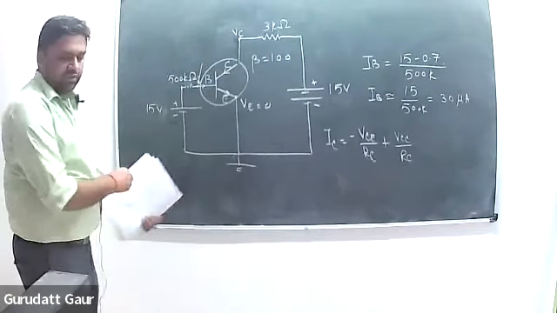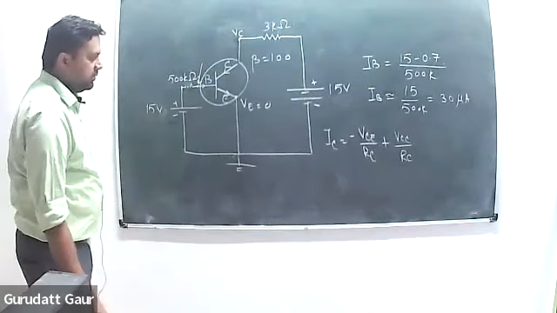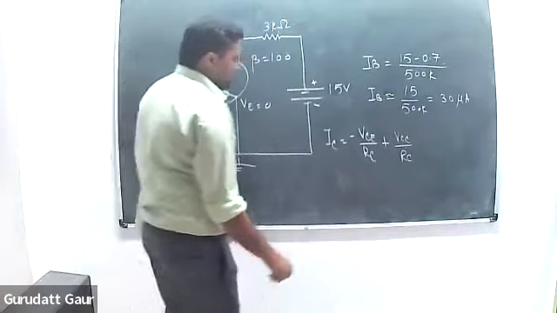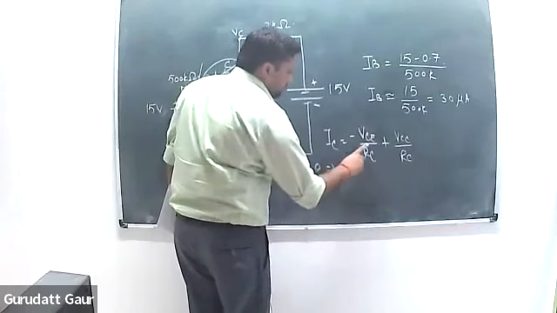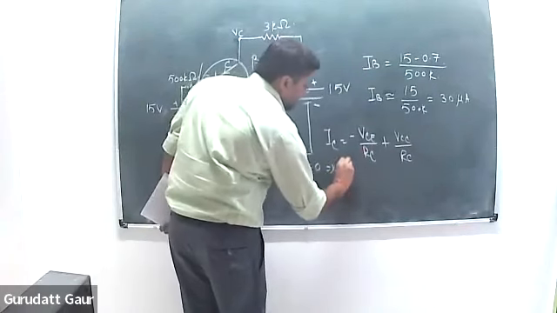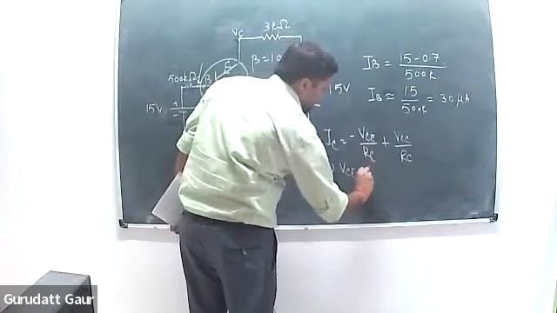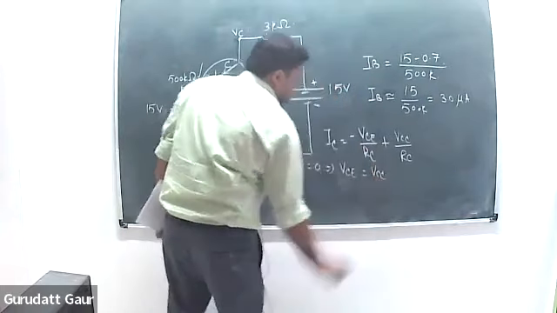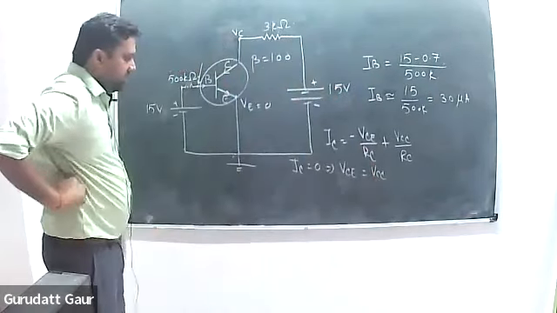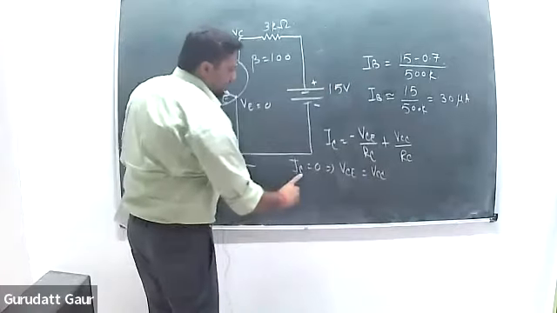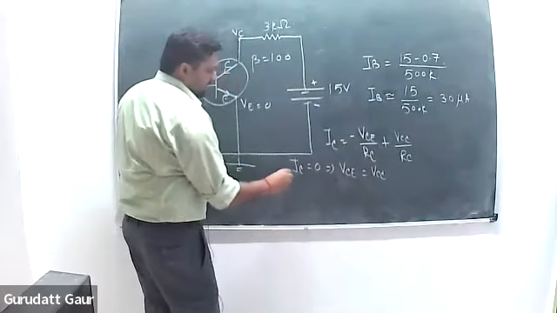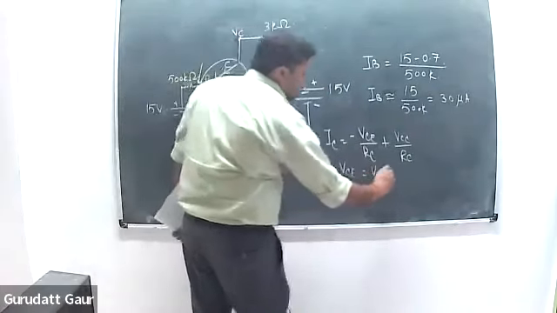And we know, because from the 2 points only a unique line can pass through. So first we can choose IC is equal to 0. IC 0 will give you VCE exactly equal to VCC. We are making some assumption. I'll tell you what are the assumption. So this is 1 point, that IC is 0 and VCE is equal to VCC, 15 volts.